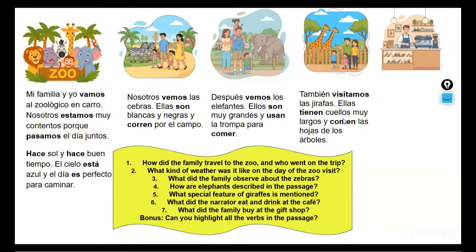Right. Cuellos, sorry, muy largos, so very long necks. Cuellos is right, not the neck, right. So what special feature is mentioned? They have very long necks.